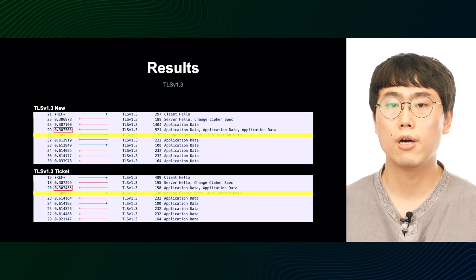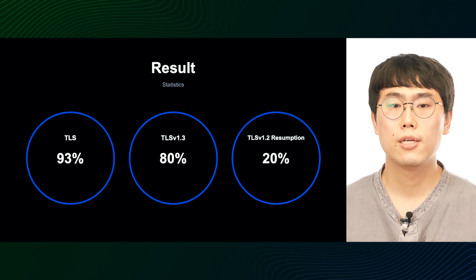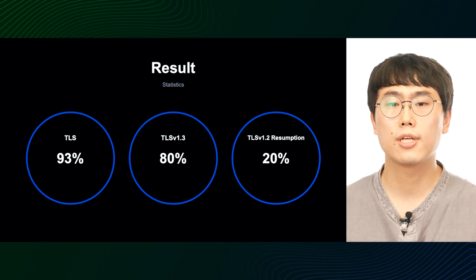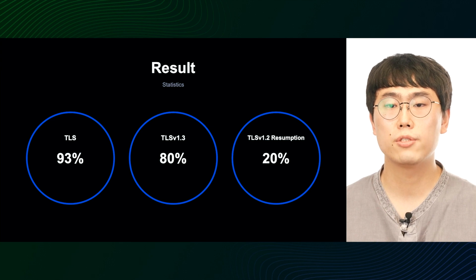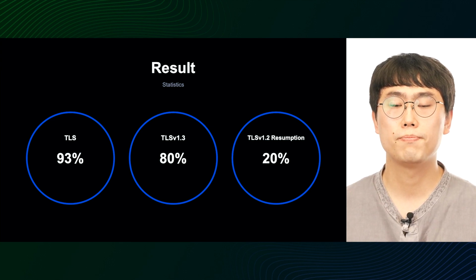TLS 1.3 always performs the handshake with 1 RTT. You can see that no matter whether it uses session resumption or not, the handshake is done in 1 RTT. Currently, we use TLS for the recent clients and we will use it for the future clients in both mobile and Wi-Fi networks.